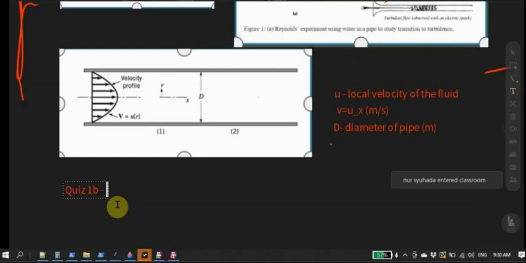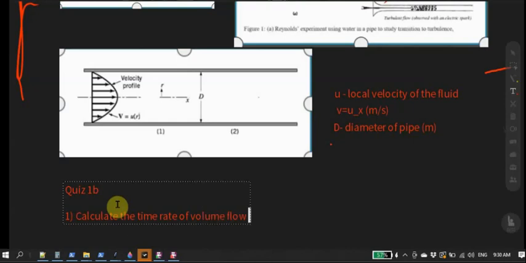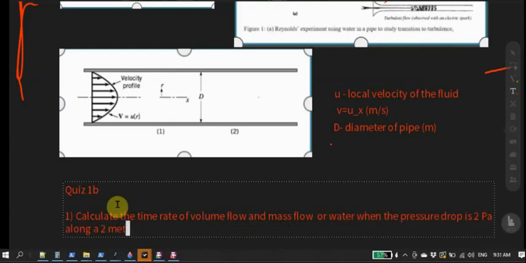So quiz 1B here is to calculate the time rate of volume flow and mass flow when the pressure difference is, let's say, 2 Pascal along a 2-meter pipe, right?